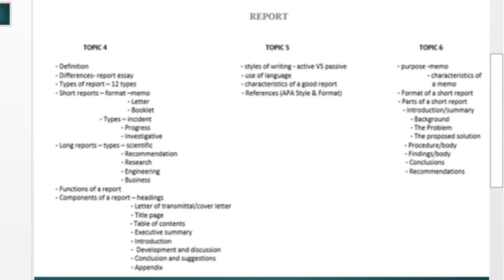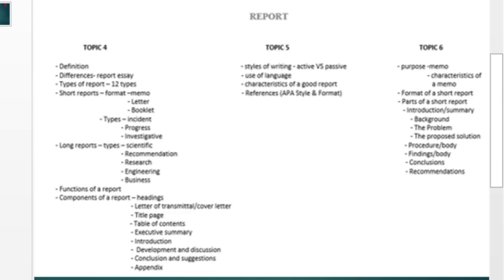Alright, so basically that is topic number 4. Alright, so topic 4 is more of an introduction to you, a general knowledge on a report. Right, we don't focus specifically on one type of report, newspaper report or police report, something like that, but rather we focus on a general type of report, which is normally used in the working environment.